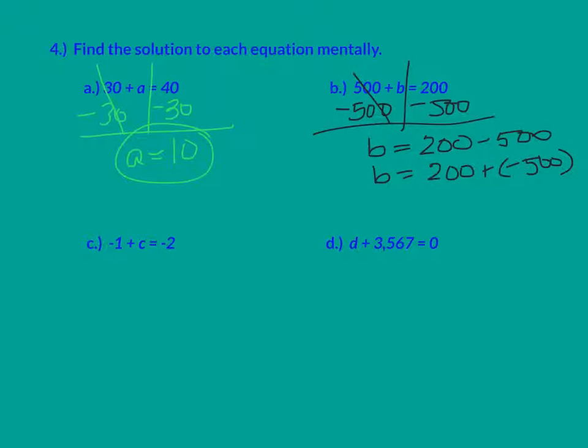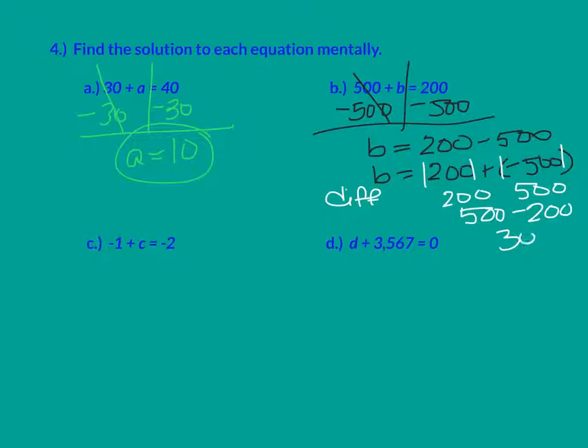Find the difference. So the absolute value of 200 is 200. The absolute value of -500 is 500. I'm finding the difference. That means I do 500 minus 200. I know that that's 300. And now I get to find my sign from the larger absolute value, which is 500. So my sign is going to be negative. So my final answer is -300.